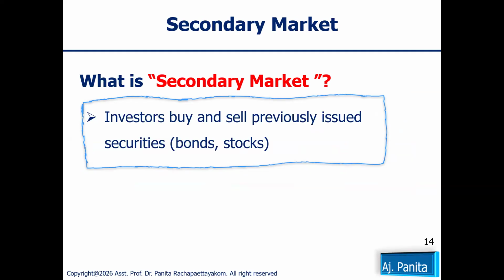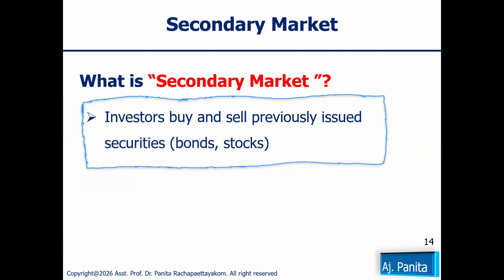The secondary market is a financial market where investors buy and sell previously issued securities such as bonds, stocks, and other financial instruments. It differs from the primary market where securities are issued for the first time, right?